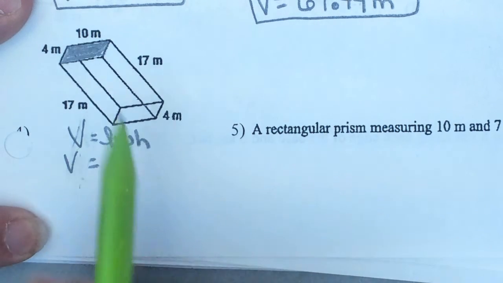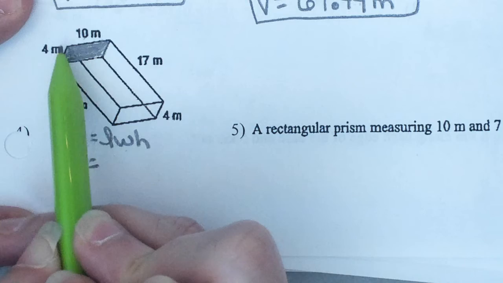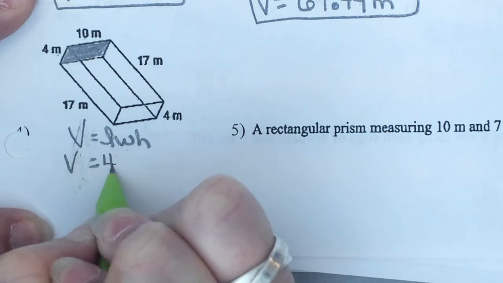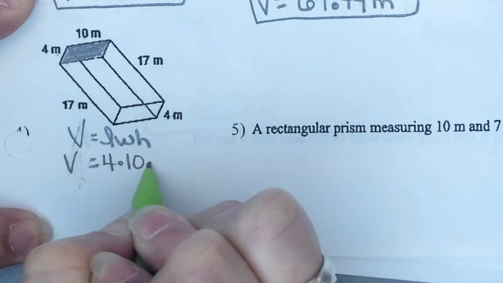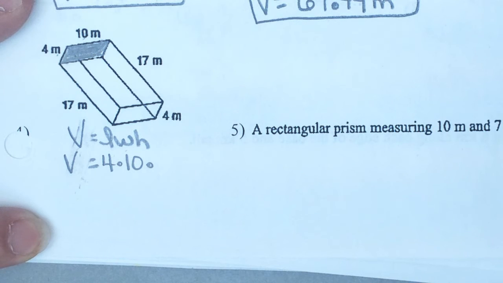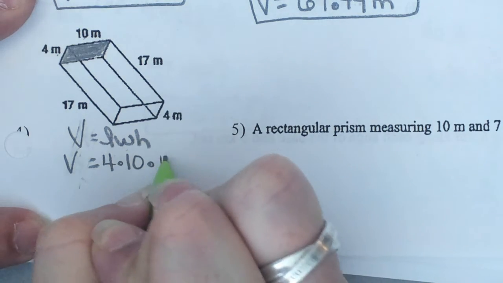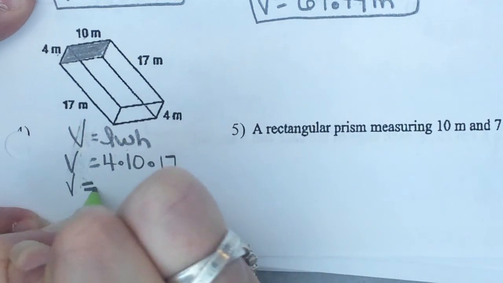Length times width. I'm going to use 4 times 10 or 10 times 4. Doesn't matter. Okay. What matters on this one is picking the height. What is my other number that's needed? 17. 17. It is, to me, obvious, but maybe not. There we go.